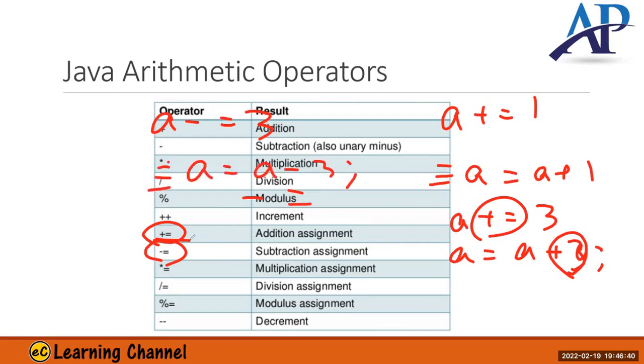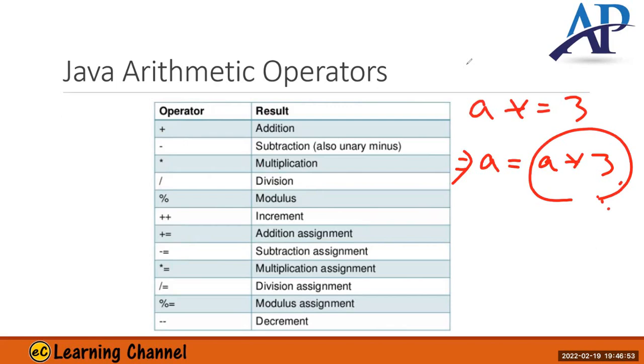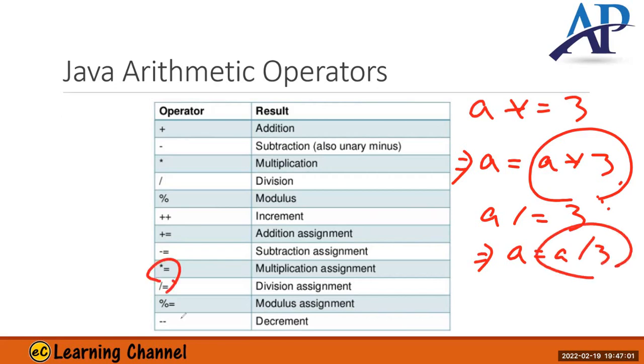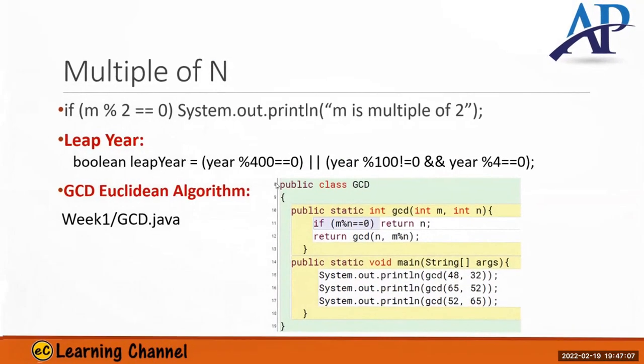A times equals 3 means A equals A times 3, multiplied by 3. A divided equals 3 is equivalent to A equals A divided by 3. You must remember the purpose of these operators and how to use them.